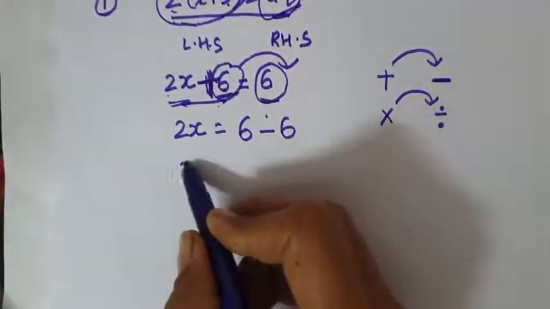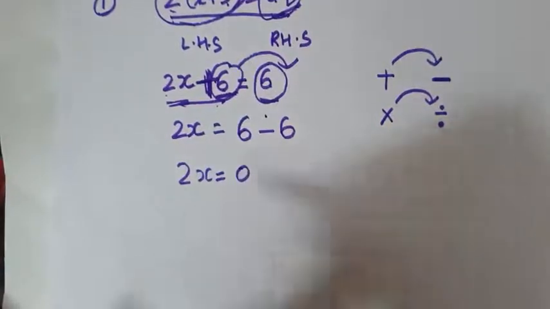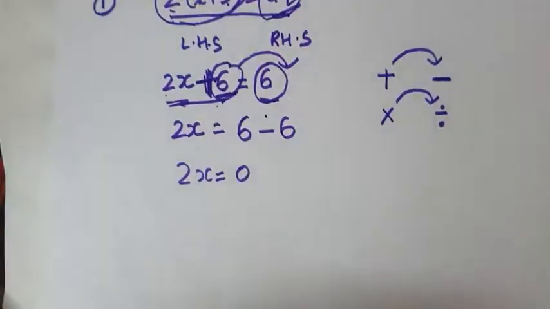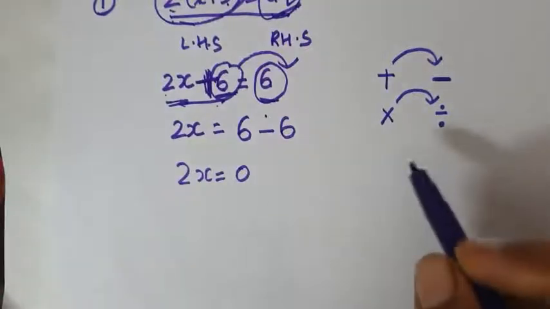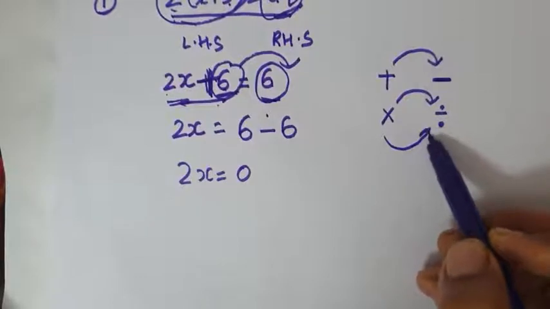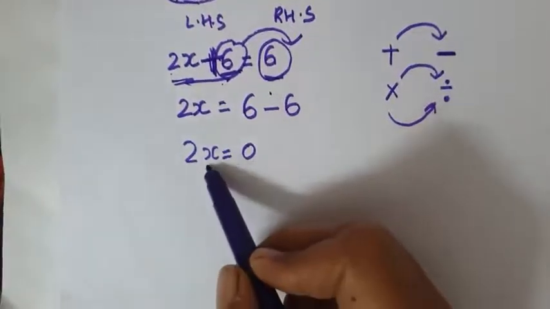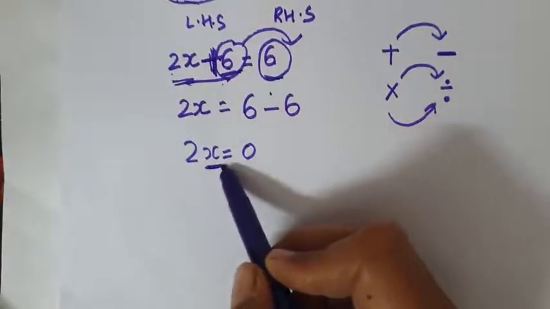So what we get? 2x is equal to 0. Now in the same way I told you multiply will change to division. So now we have to find the value of x.